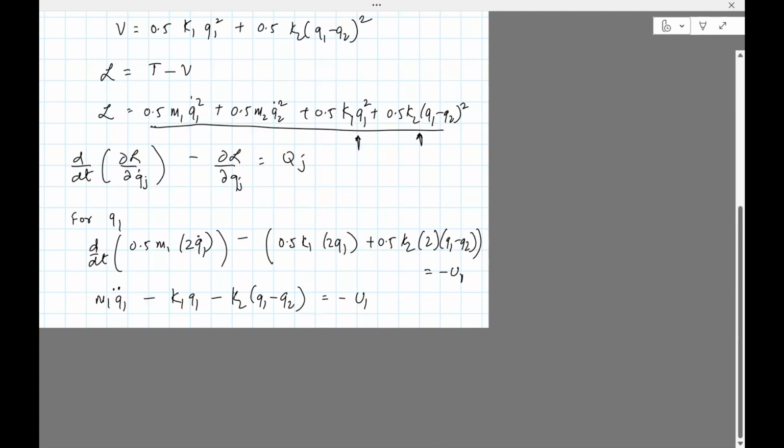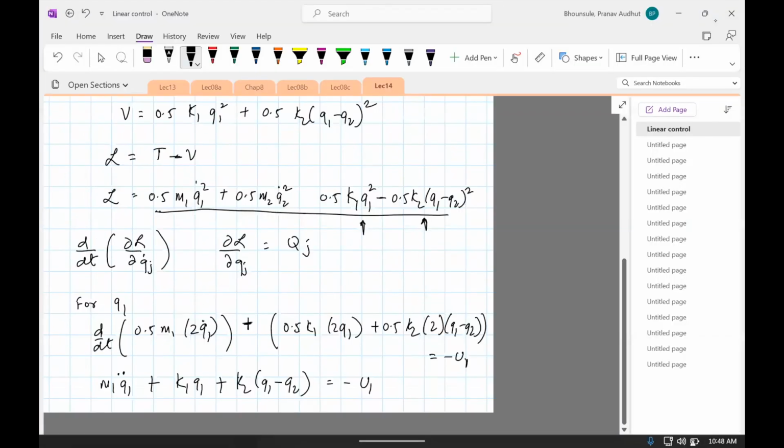I think I made a mistake here. So this is negative V, right? So this should be, my bad, this should be negative, this should be negative. Won't change much, but this thing here would be positive because this negative times this negative is positive. So this ends up being positive, positive. Okay, so I'm going to rearrange this equation and write it in terms of Q1 double dot.